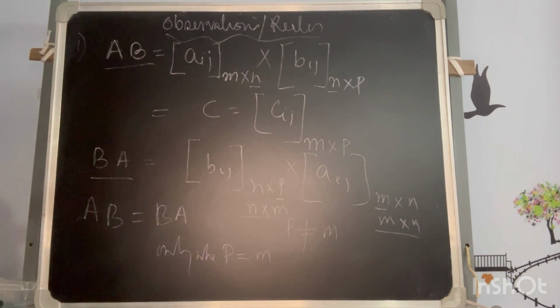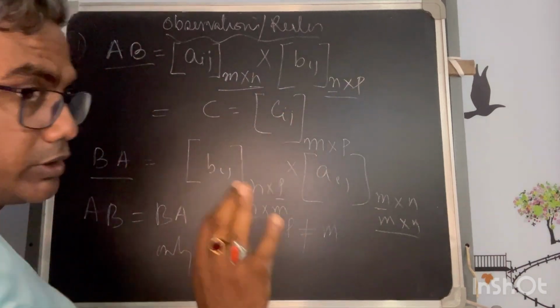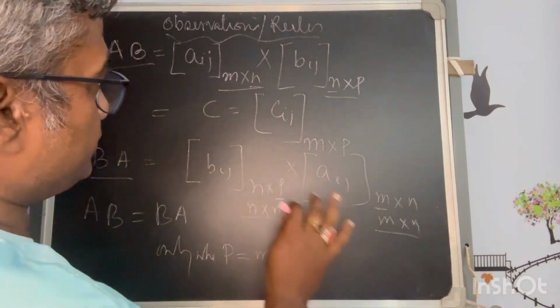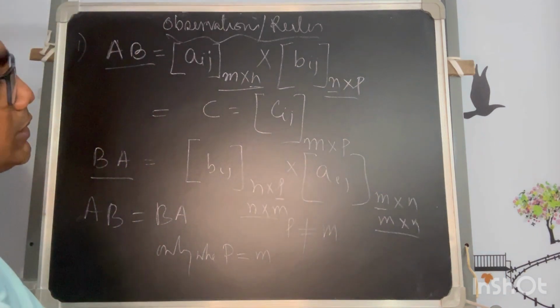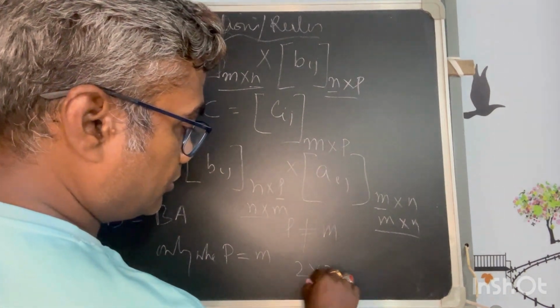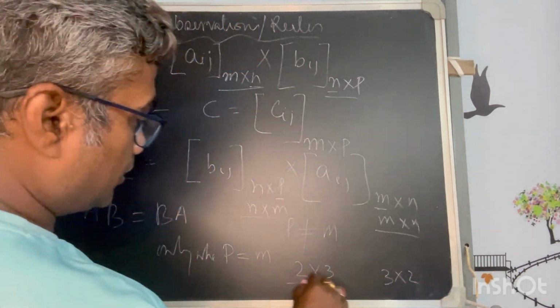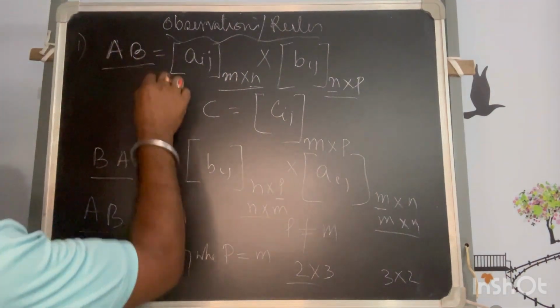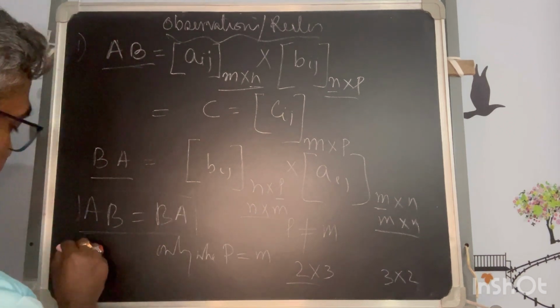Okay, but it is not necessary that both have to be of square order, that means square matrices. There could be any rectangular matrices. But if the first is of order 2 into 3, the second must be 3 into 2. Then only can we say these are commutative. This law is called the commutative law.